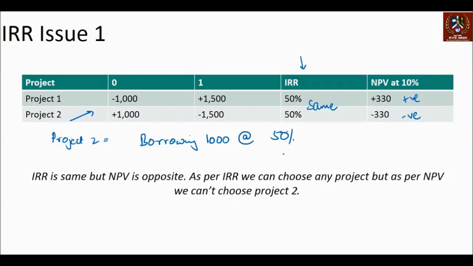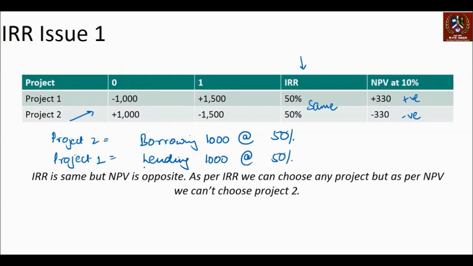You're getting 1,000 today at 50% and you have to pay 1,500 1 year down the line, correct? So you're borrowing 1,000 crore at 50%. The project 1, on the other hand, you are giving out 1,000 today and you're getting 1,500. In other words, you are lending 1,000 at 50%. Now, which one should you choose, right?